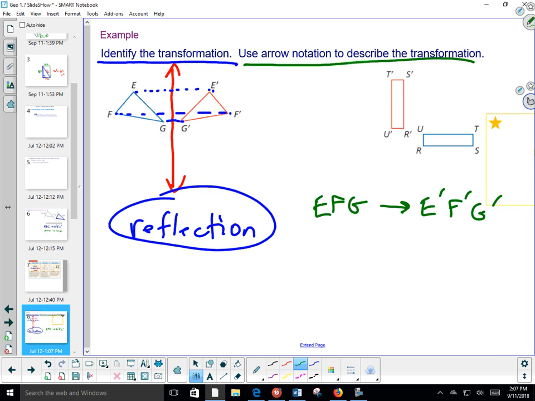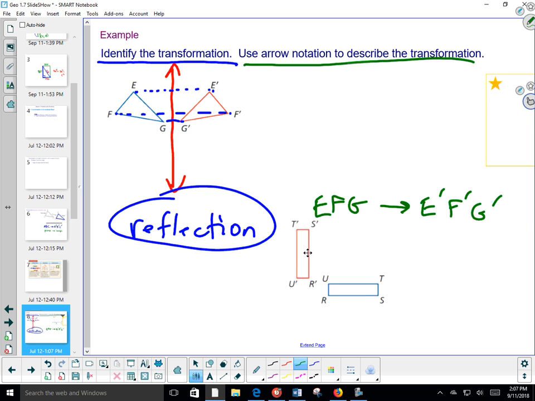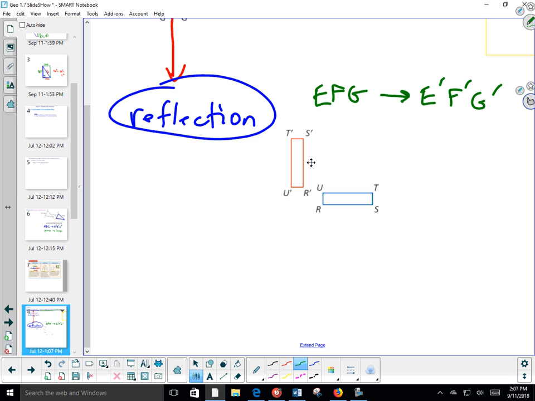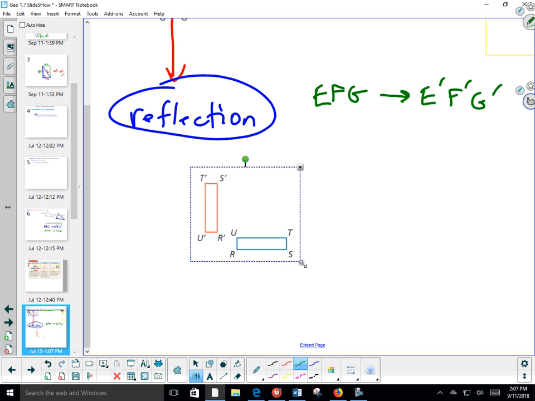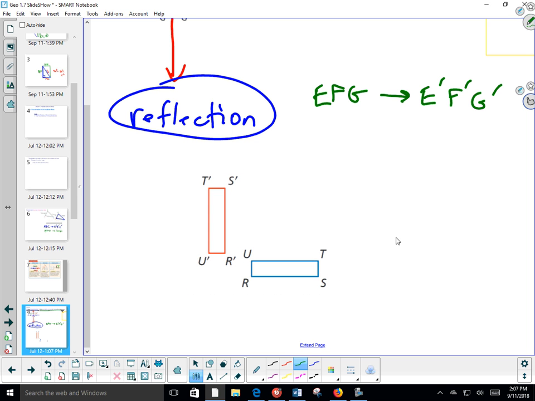What about this example? Let me slide this down here. What kind of a transformation does this look like here? Andrew? Rotation. Rotation, why do you say so?